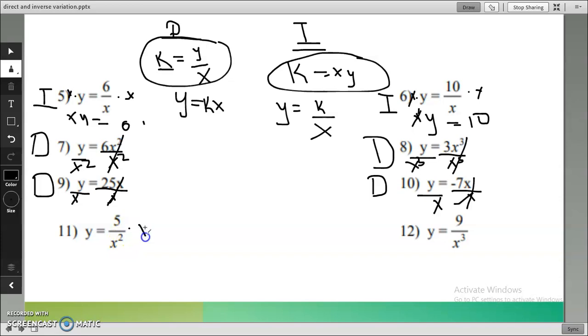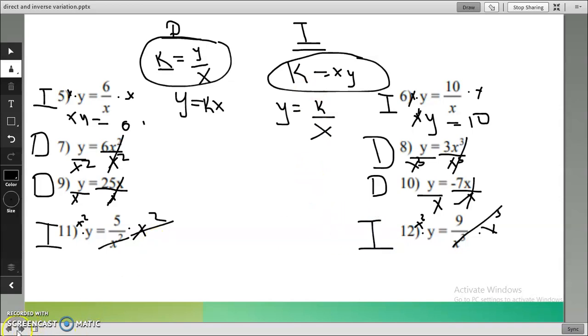Here I'm going to multiply by x squared. That's xy form, so that's inverse form. Again, multiplying by x cubed gives x cubed times y, so that is in inverse form.